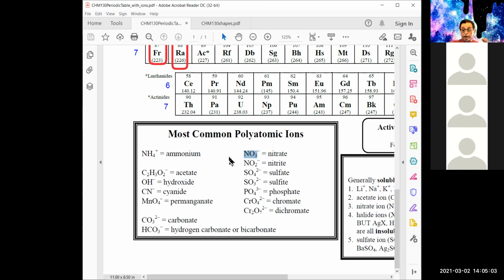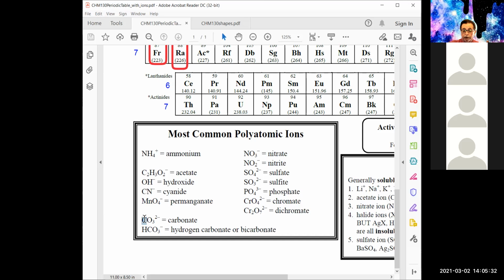We are dealing either with the nitrate or the nitrite. The same is true with sulfur. You see sulfur, but then immediately following sulfur in the formula is oxygen. That tells you you're dealing with the polyatomic ion, either the sulfate or the sulfite. And chrome is the same way. Chrome immediately followed by oxygen is the chromate, and so on and so forth.